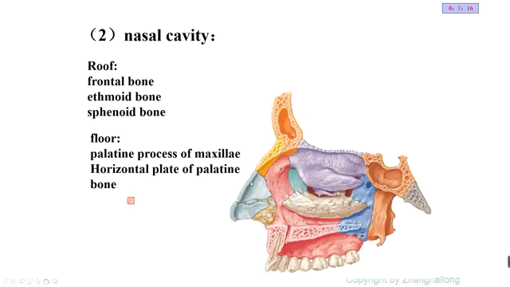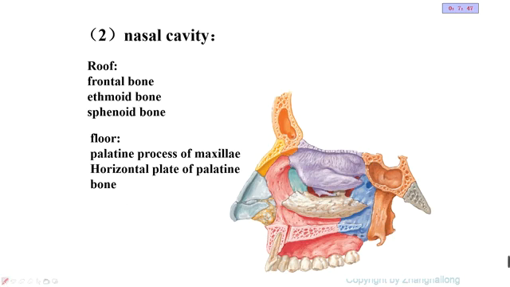Okay. Now let's see the nasal cavity. The nasal cavity is a very, very complicated part because our nose is very, very complicated. You know, the nose is like our room: it has a roof, a floor, two lateral walls, two medial walls, and many openings. Okay, let's see them one by one.